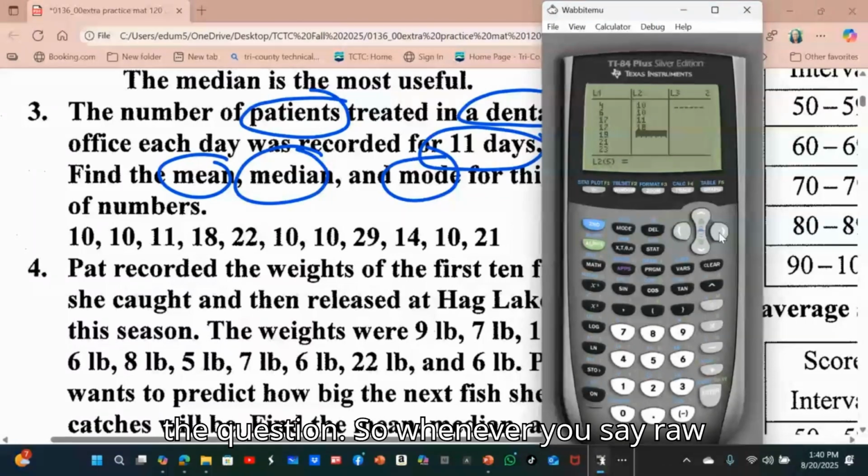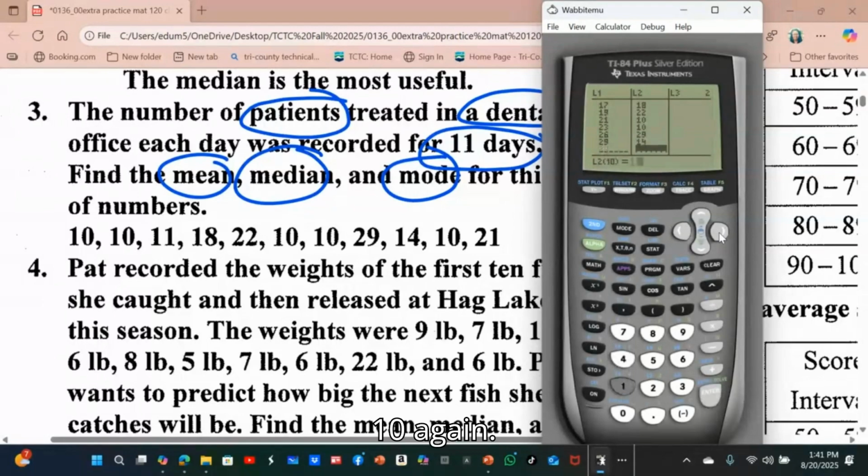So whenever it's raw data, you have to be careful typing in the numbers in your calculator. 22, enter. 10 again after 22. 10 again. See, another 10. Then 29. 14. 10 again.